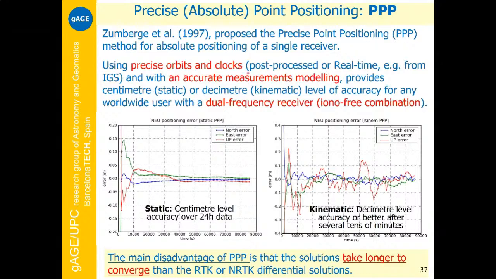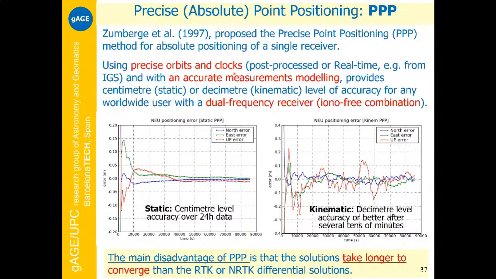And now we do not have the measurements of the reference station. This is not like the previous case where we have the measurements of the reference station, and using these measurements we take differences and remove common errors. Here we use precise orbits and clocks. These precise orbits and clocks have been computed from a reference station network.